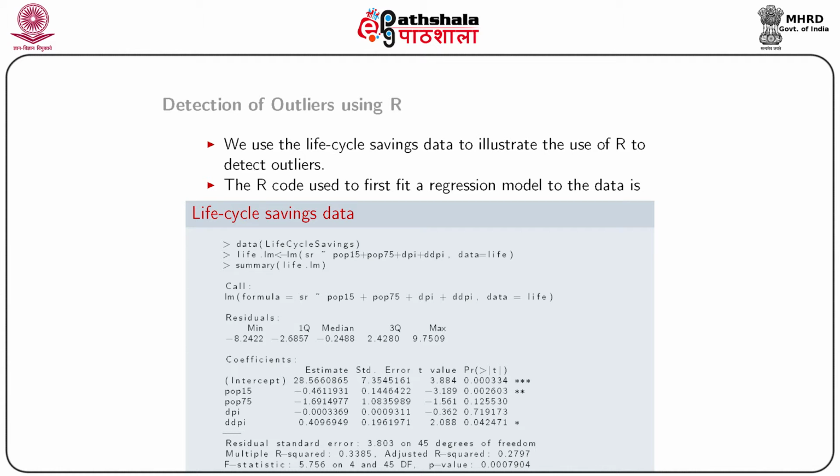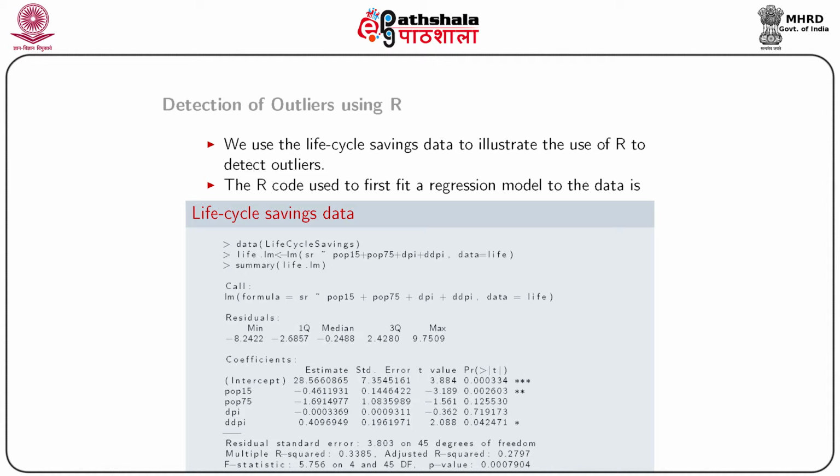The life cycle savings dataset is an inbuilt dataset in R, so before we fit a model to the dataset, we call upon it using the data function. The R code used to first fit a regression model is given here. We have used the lm function to fit a regression model to the life cycle savings data.